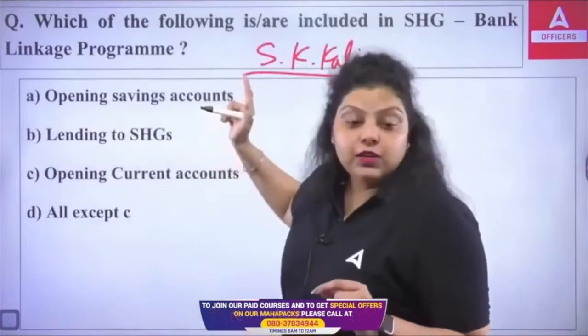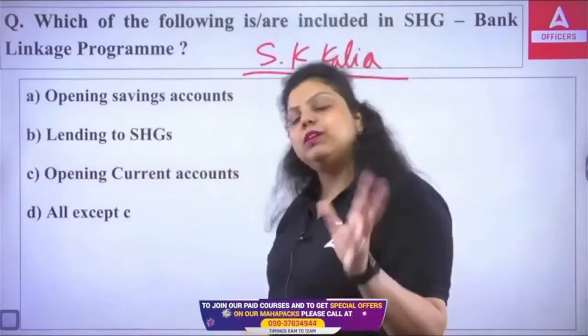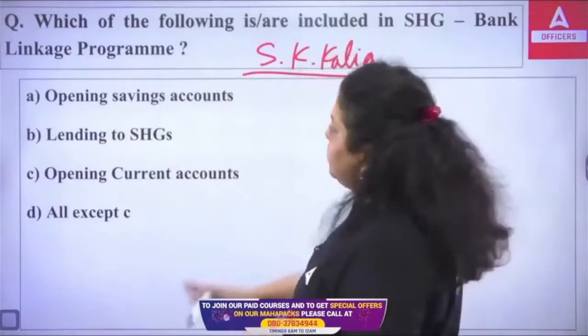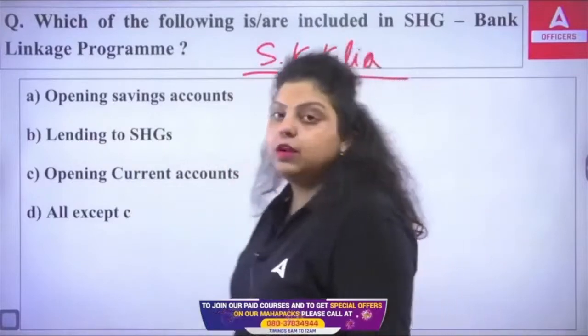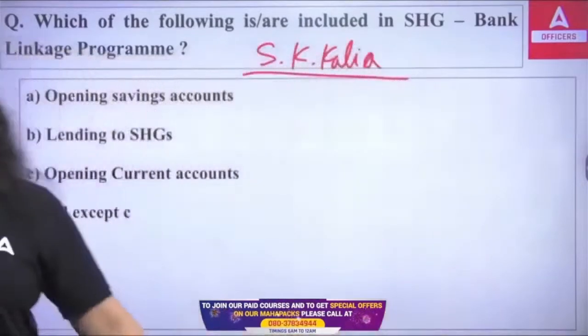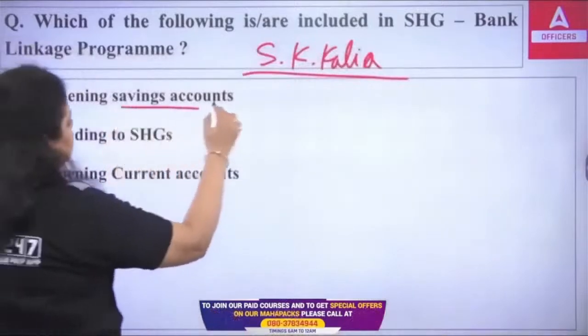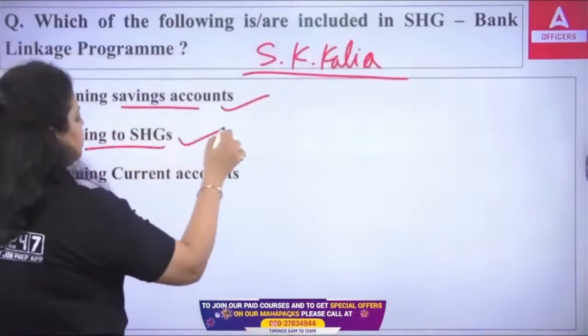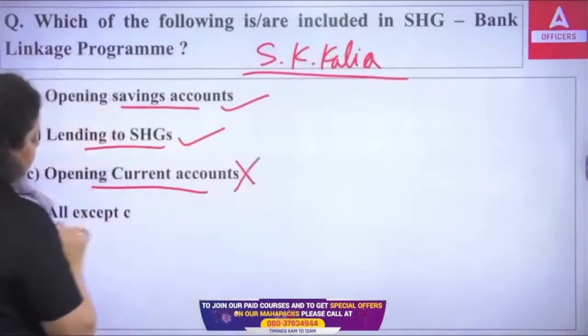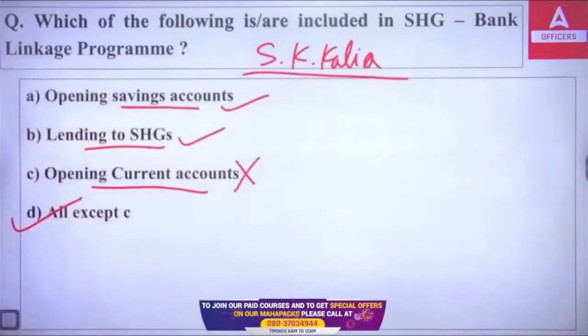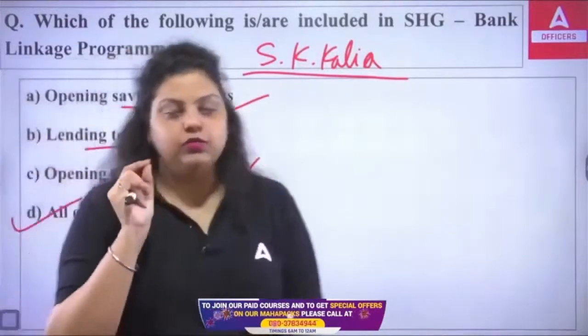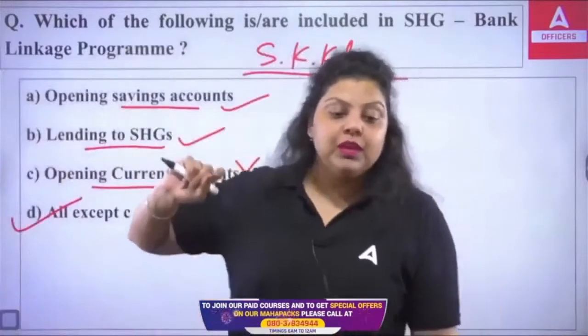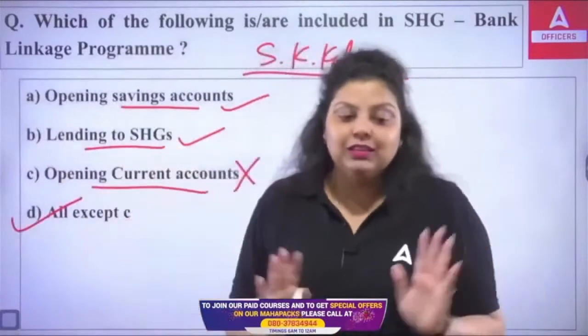After that, we started providing loan facility to the self-help group. So which of the following are included in the self-help group bank linkage programs? It includes opening a savings account, lending to self-help groups, and opening a current account. No. So the right answer is all except C. You are not providing current account services. As I have told you, the core function of a small self-help group is to promote savings, not the current account.